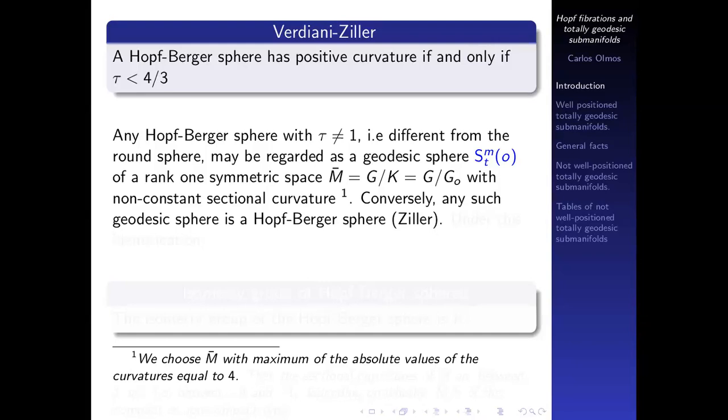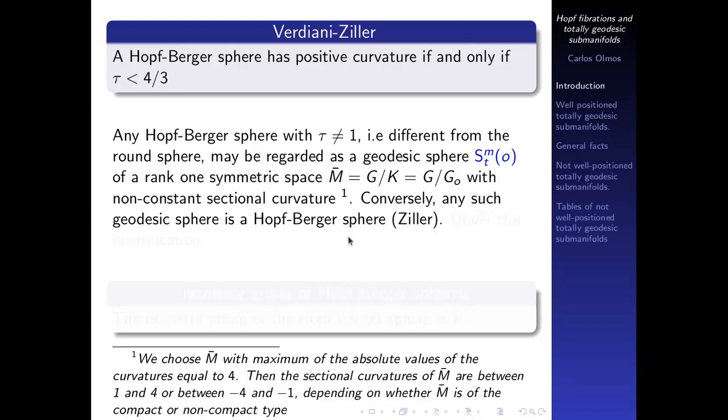But this is the generalization of the well-known Berger spheres. This is in order to fix notation, and then the quotient space has these properties.